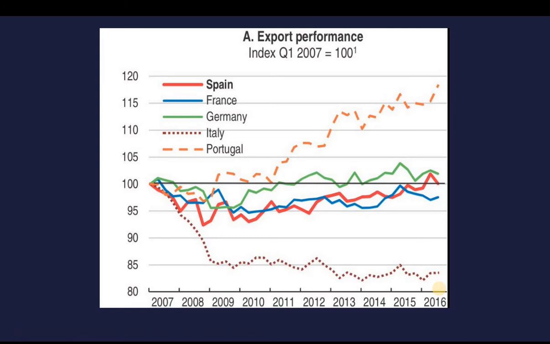For example, Italy, who used to be exporting at 100 million quantity, finally settled at around 85 to 80 million, and you can see that their trend is downwards, while Portugal, starting from 100 million in quantity, went upwards to 115 and 100.